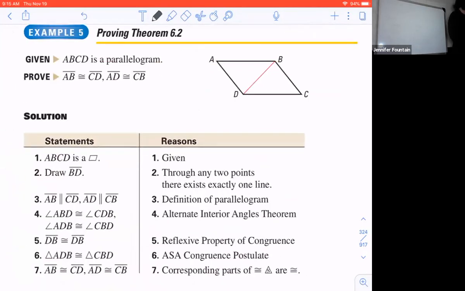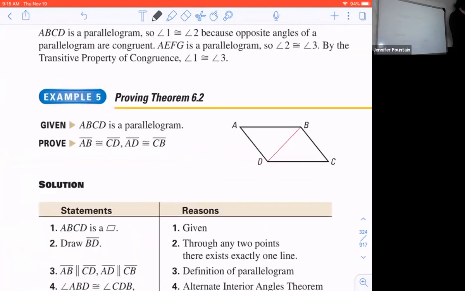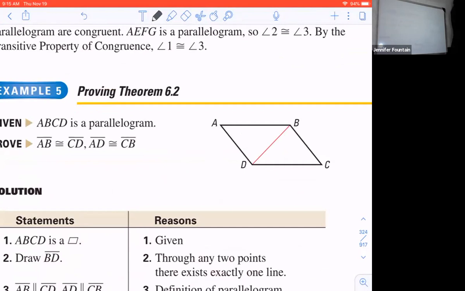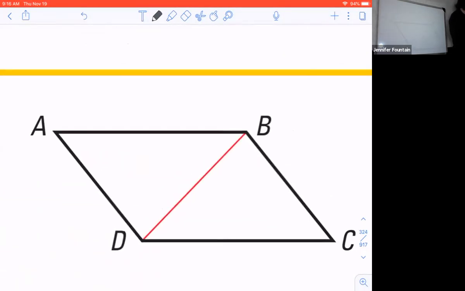Let's take a look at example 5. Again, it says that ABCD is a parallelogram, therefore, those 4 things that we talked about: opposite sides are congruent, opposite angles are congruent, diagonals bisect each other, consecutive angles equal 180. And we need to prove that AB is congruent to CD and AD is congruent to CB. Okay, so what do I know about my figure here?